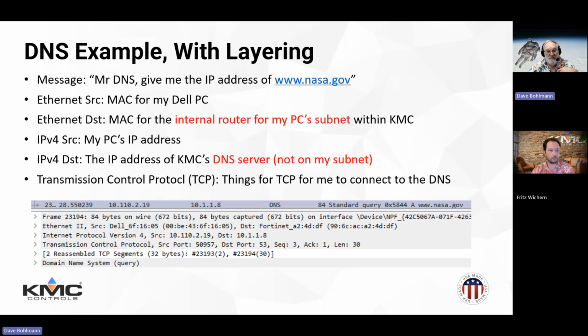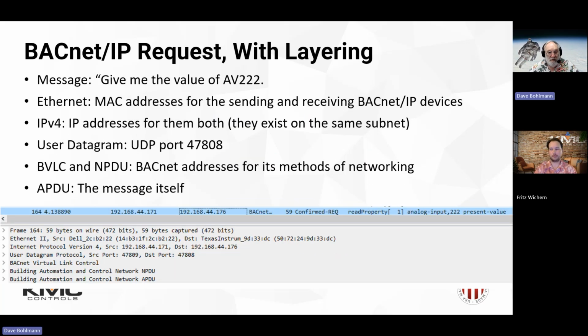Now the DNS server is not on my subnet, so this MAC address is for my gateway router, and it sees this and says, I'm going to send this message to this IP address, which is different. You can tell by the IP addresses that there's a hint it's a different network. And then the actual message itself is in this part down here. So you can expand all these and look into more details as you want or as you need to.